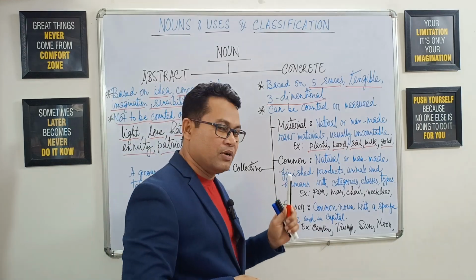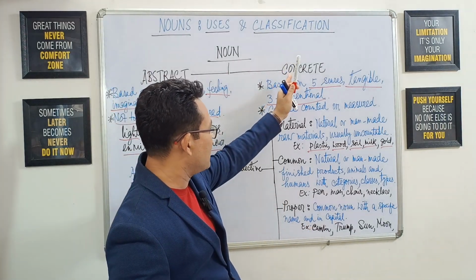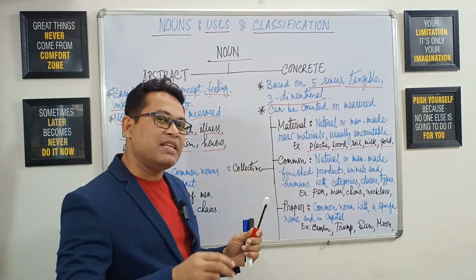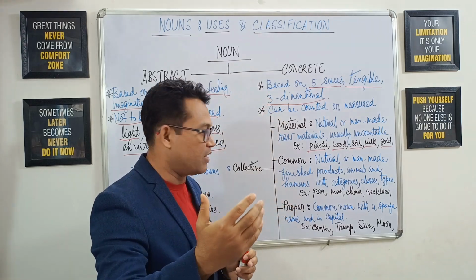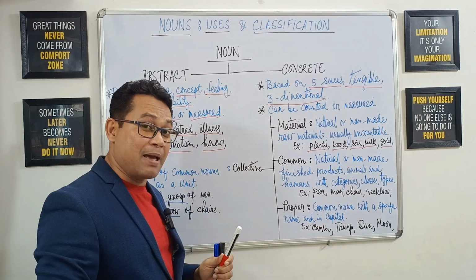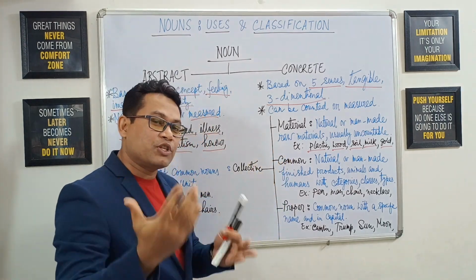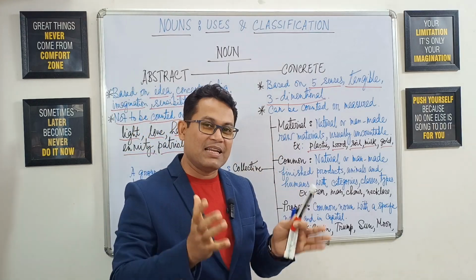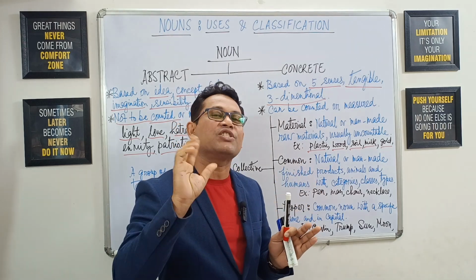Then comes common noun. Remember that when I am going from abstract to concrete, and dividing the concrete nouns, I am moving from the least specific to the most specific. Material is more specific than an abstract noun, but common noun is even more specific than a material noun, because this time we are getting a ready-made, manufactured product with a specific shape and size.